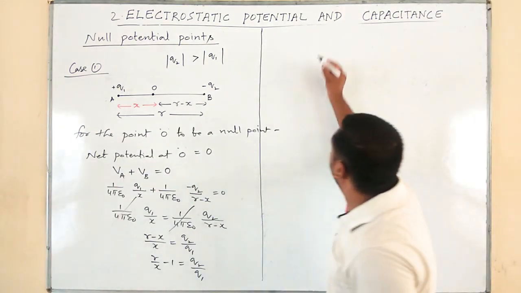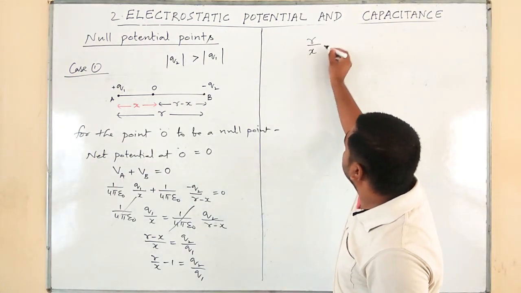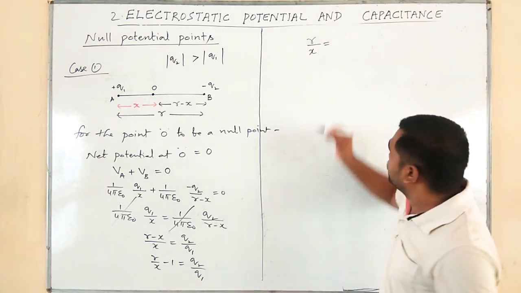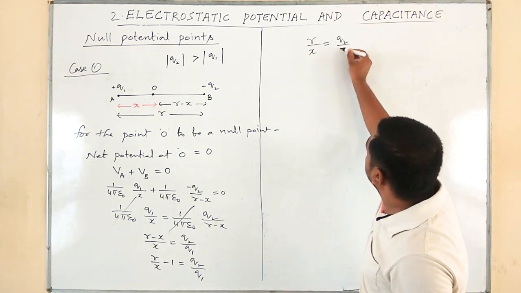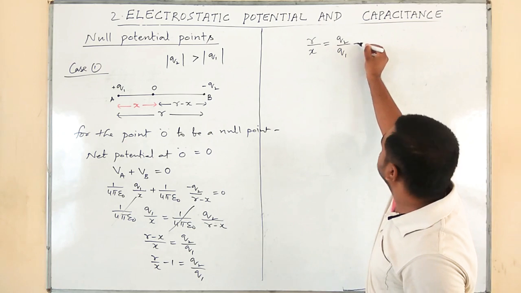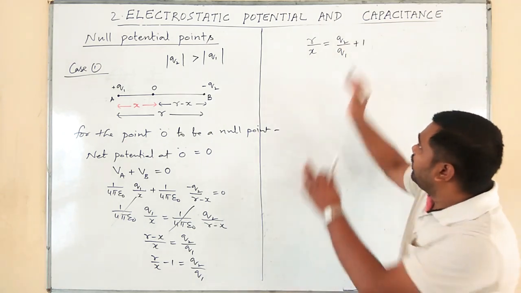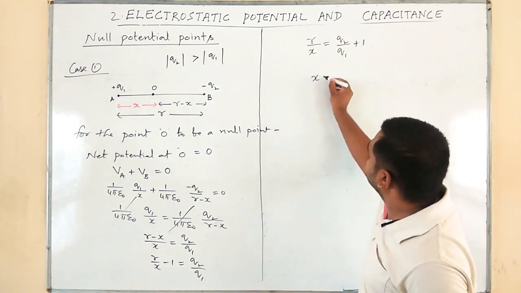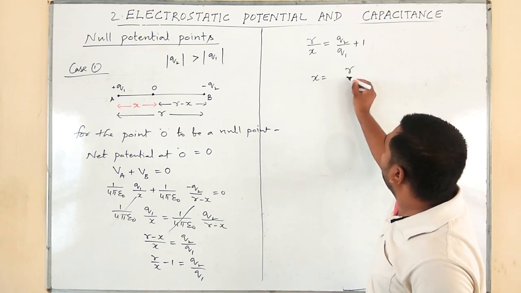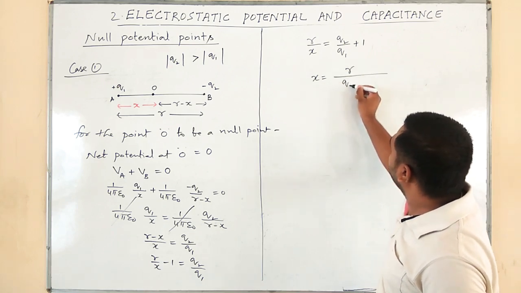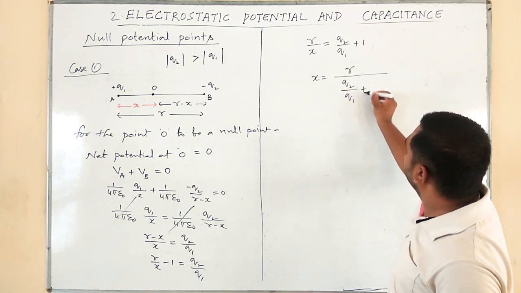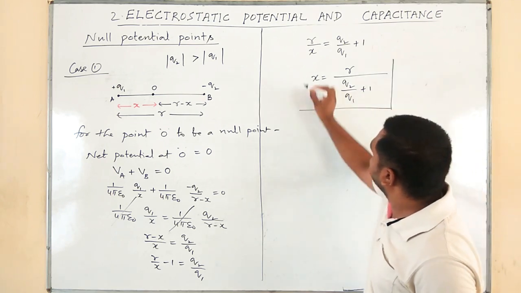In the next step, R divided by X is equal to Q2 divided by Q1 plus 1. On rearranging the terms, we get X is equal to R divided by (Q2 divided by Q1 plus 1).